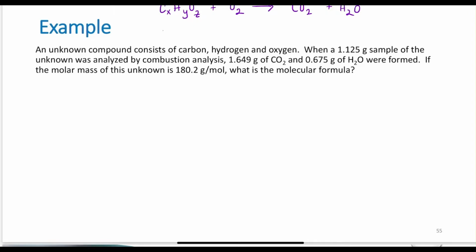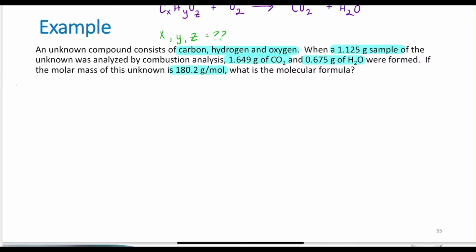We want to figure out what is X, what is Y, and what is Z. I know that I'm just looking at carbon, hydrogen, and oxygen. I know that I have a 1.125 gram original sample. I know it produces 1.649 grams of CO2 and 0.675 grams of H2O. I know that its molar mass is 180.2.